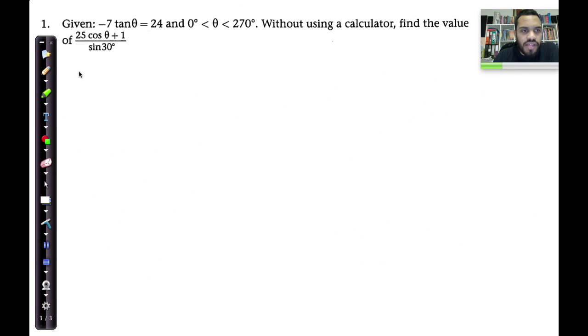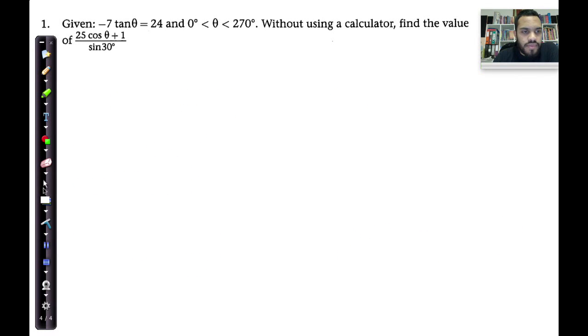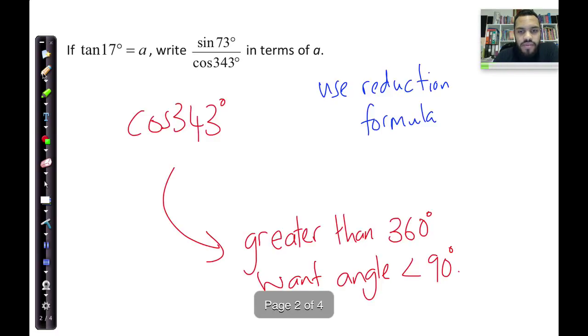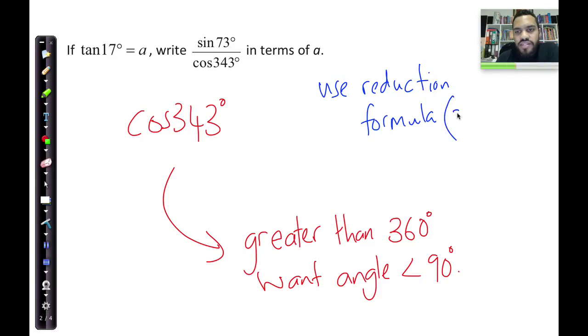Let's just bring that back. We use reduction formulae. The reduction formula in the fourth quadrant is going to be 360 degrees minus theta.